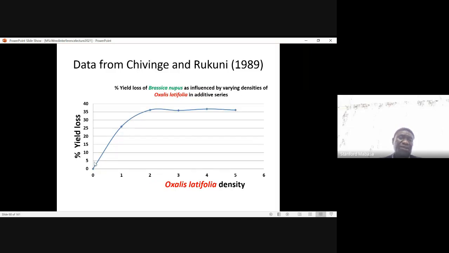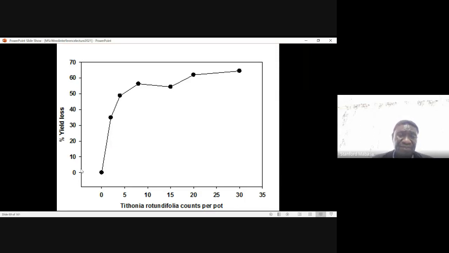But if you look at the loss, it conforms to the Cousins graph. So Oxalis latifolia density versus yield loss. Again, another study using a weed. The yield loss is also a rectangular hyperbola.